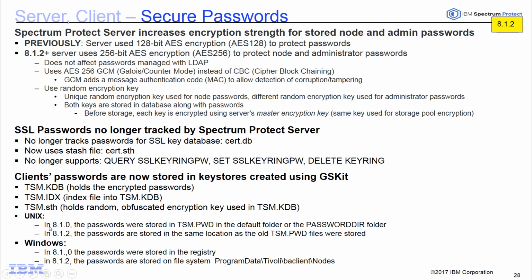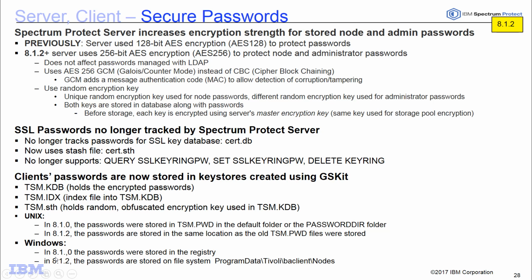Now in Unix, previously the passwords were stored in the tsm.pwd file in the default folder. Now in version 8.1.2 and above, the passwords are stored in the same location as the old tsm.pwd files were stored, but in these new files.